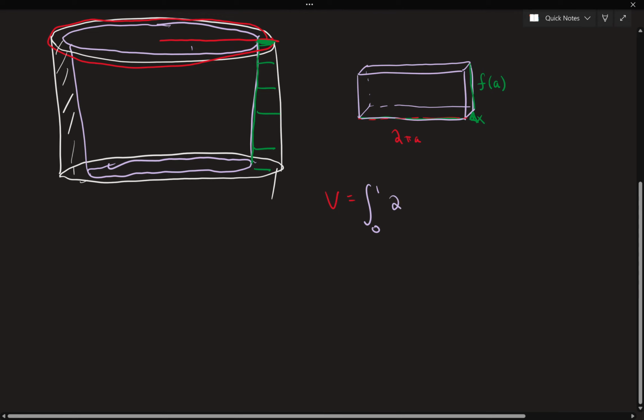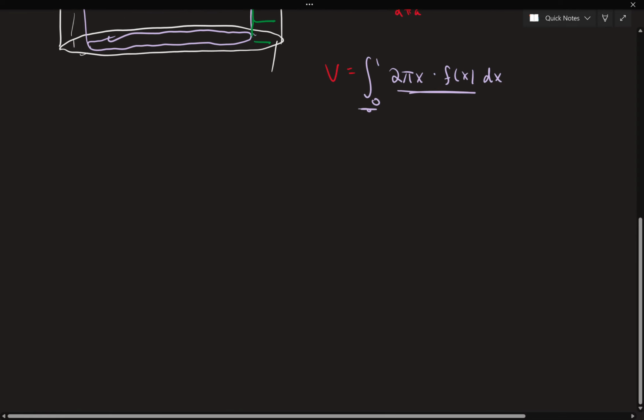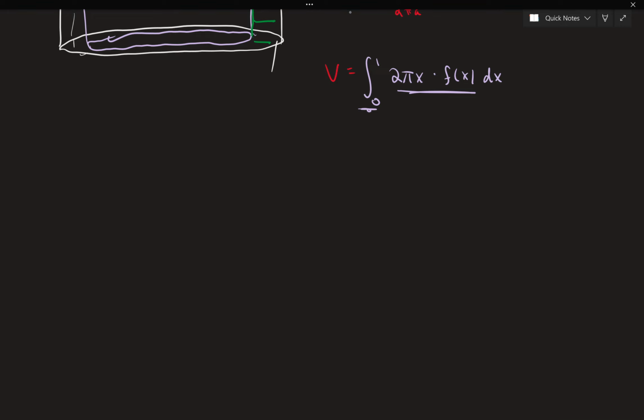I'm adding up 2 pi times the x value times the function. Adding up a bunch of cylindrical shells. This would be like taking the original shape. It's a better way to visualize it.